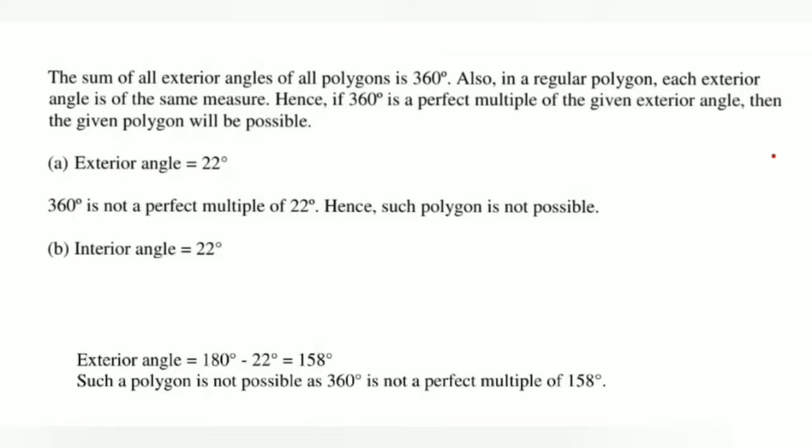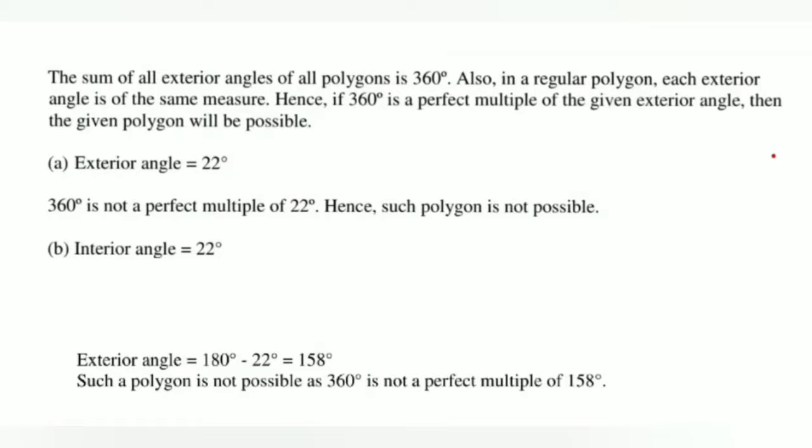Also, in a regular polygon, each exterior angle is of the same measure. Hence, if 360 degree is a perfect multiple of the given exterior angle, then the given polygon will be possible. Exterior angle is equal to 22 degree. Okay, so 360 degree is not a perfect multiple of 22. Hence, such polygon is not possible.